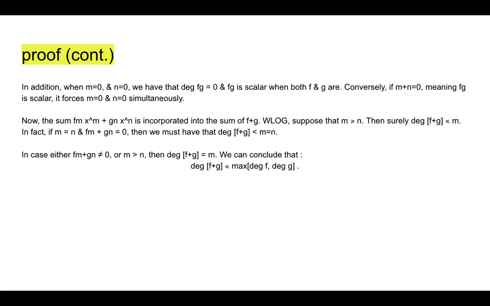Conversely, if fg is scalar, meaning that the sum of the degrees of f and g is 0, then that forces both the degree of f and the degree of g to be 0, meaning m equals 0 and n equals 0, and both of them are scalar. So we've proven the equivalence that fg being scalar is equivalent to both f and g being scalar simultaneously.